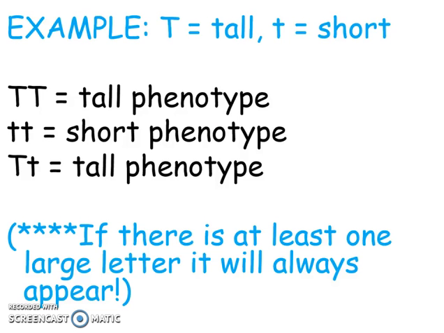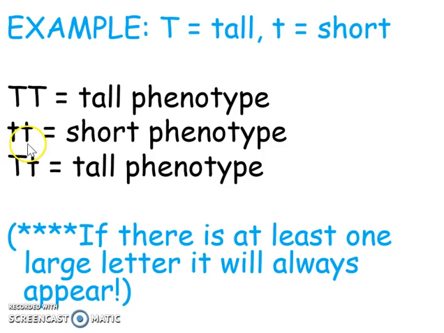Now these genotypes can tell us about the phenotype. And if you remember from earlier, the capital letter is dominant. And dominant will always take over. It's dominant over the recessive. So make sure you know if there is a capital letter, that will be the phenotype. So in this one here, capital T, this is homozygous. Because there is a capital letter, it will be tall.